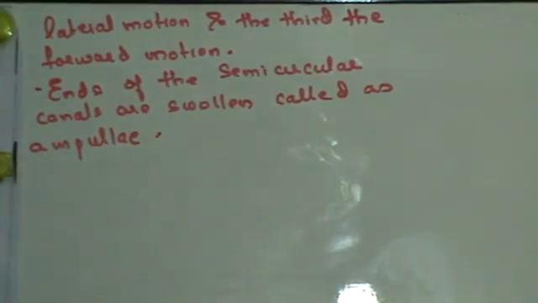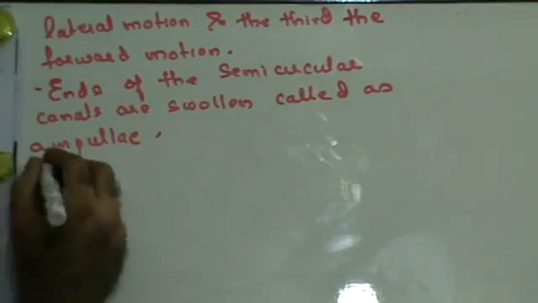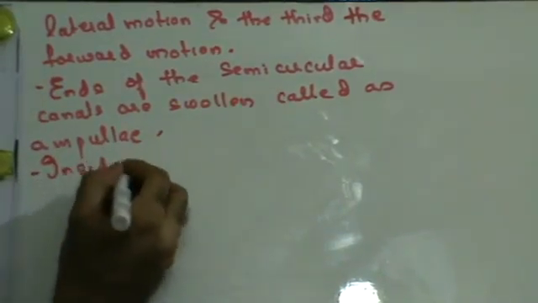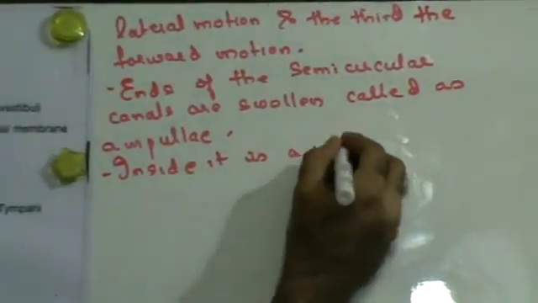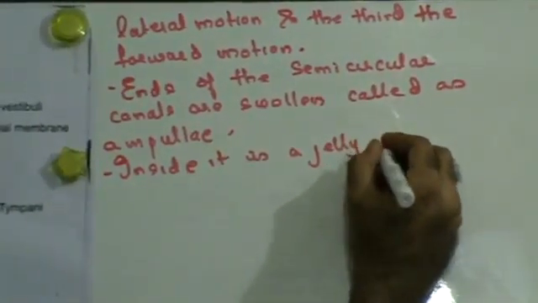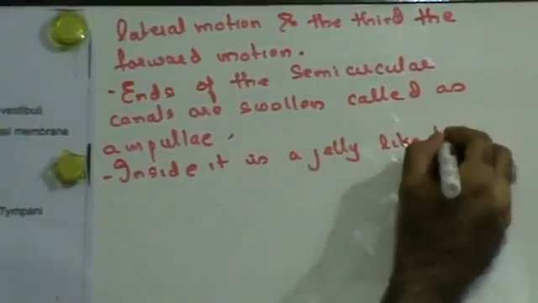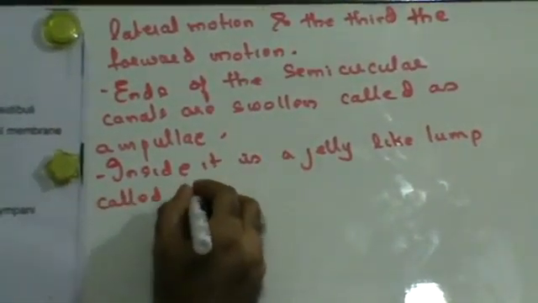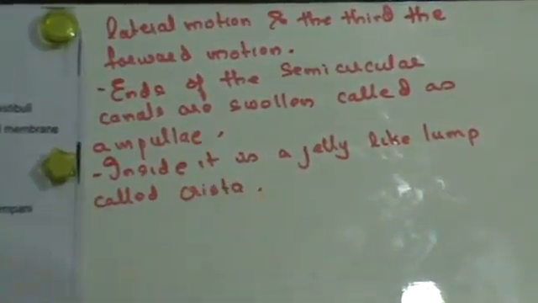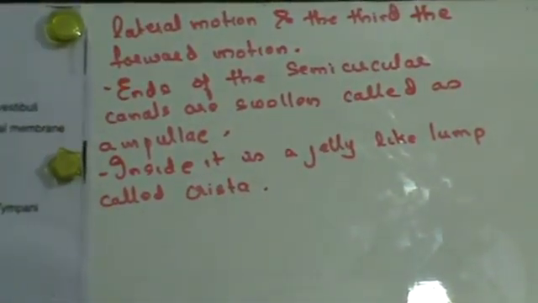Right? Inside those ends is a jelly-like lump called cristae. Right?